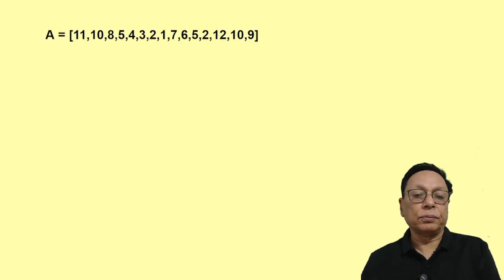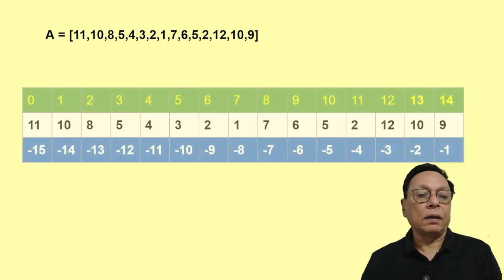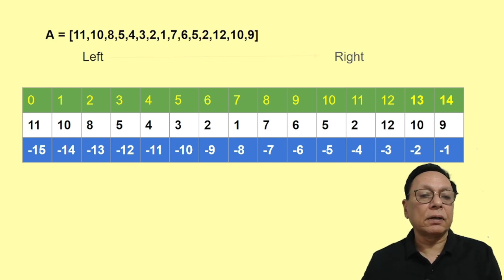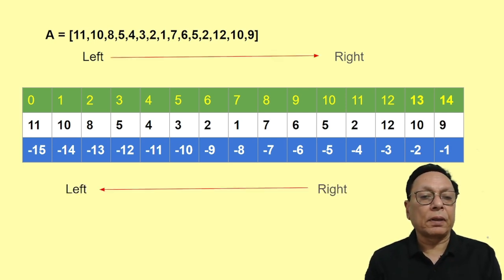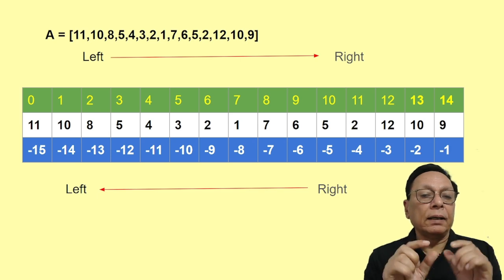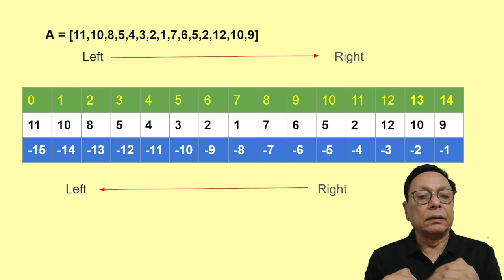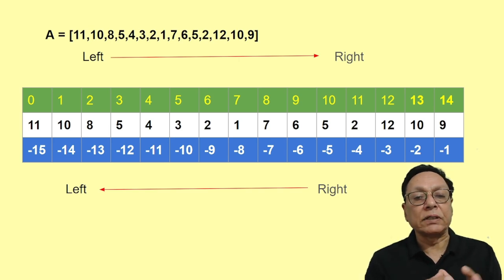Positive start to stop. So here I have taken a list on which I'll apply slicing. If you look at this list, the entire list is filled in the cells: 11, 10, 8, 5, 4, 3, 2, 1, 7, 6, 5, 2, 12, 10, and 9.